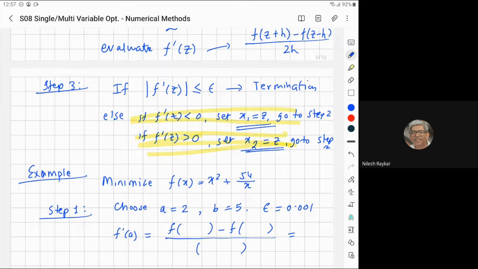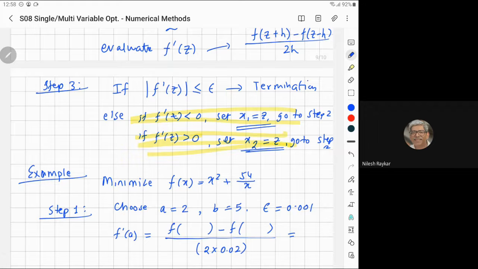As I already told, h should be 0.01 times x. We are calculating the slope at x equal to 2, so h is 0.01 multiplied by 2, that is 0.02. So the denominator will be 2 times 0.02.